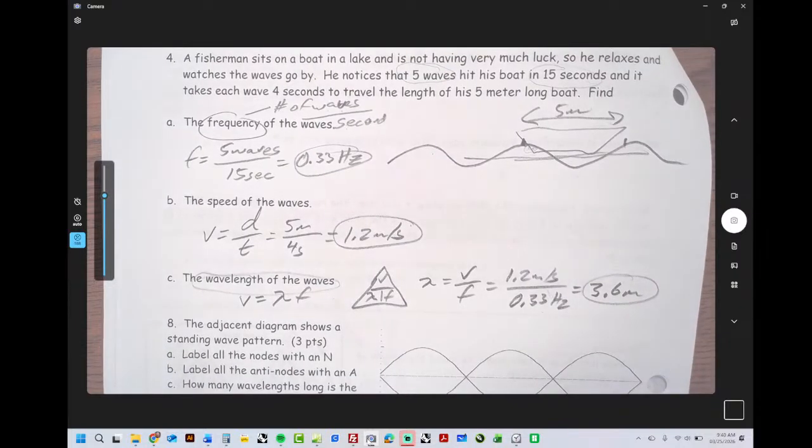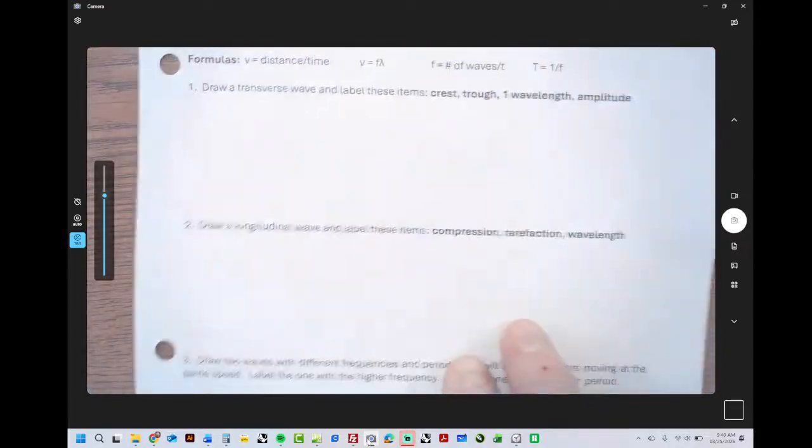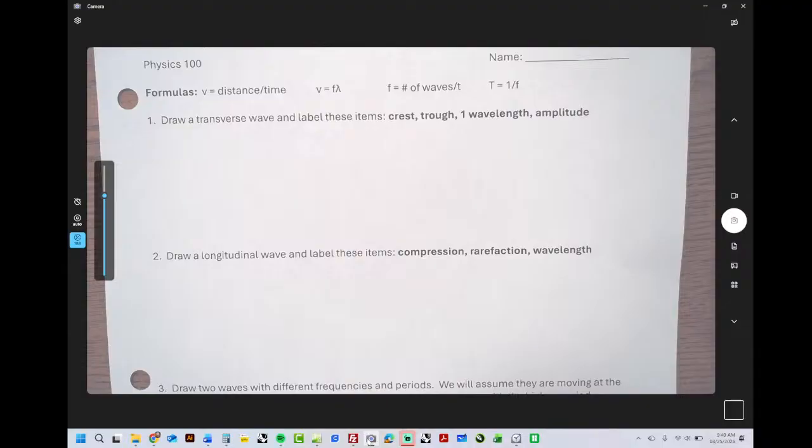So now I'm going to give you the practice quiz, and then if we've got some extra time, we can get into beats and standing waves and stuff like that, which are kind of fun. This is what your quiz is going to look like next class. Number 1, number 2, number 3, number 4, they're going to be almost exactly like this.